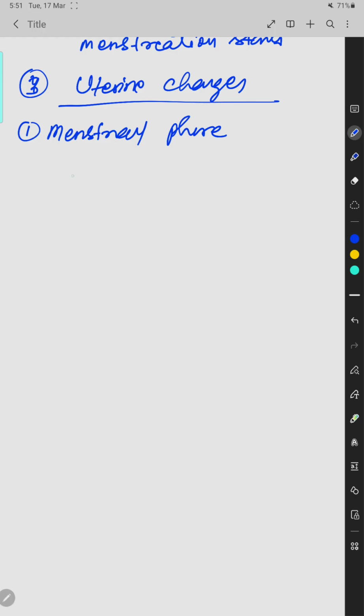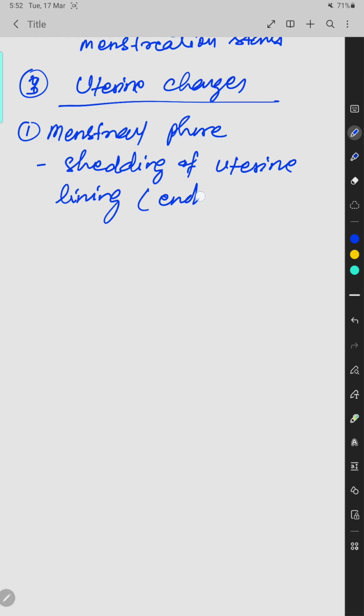So in the menstrual phase, shedding of the uterine lining, that is endometrium, takes place. And the next event is, as the shedding takes place, the blood vessels are also shed, they are ruptured, so bleeding occurs.